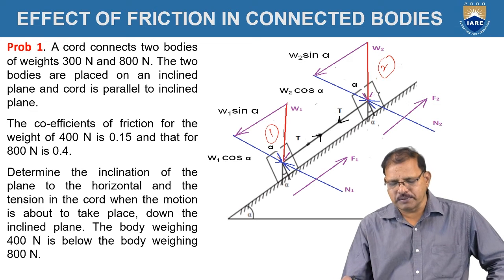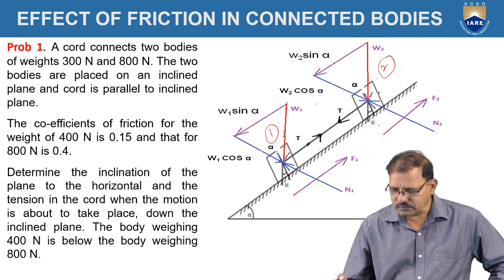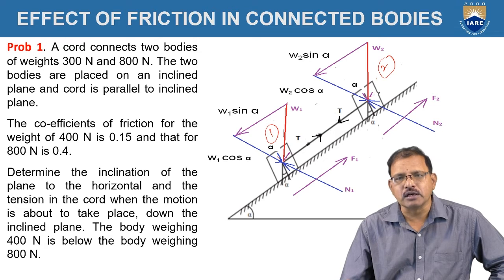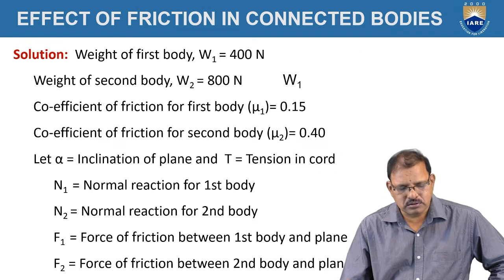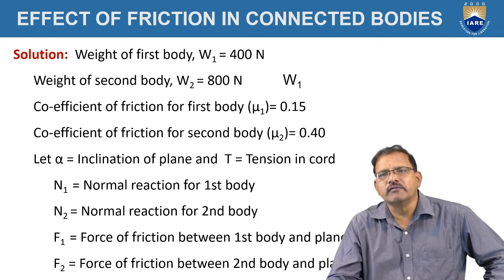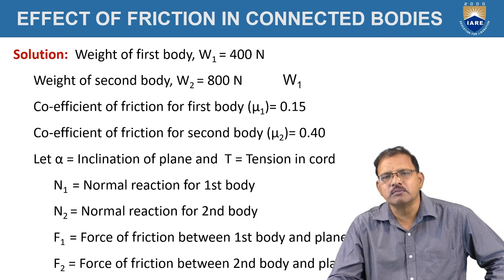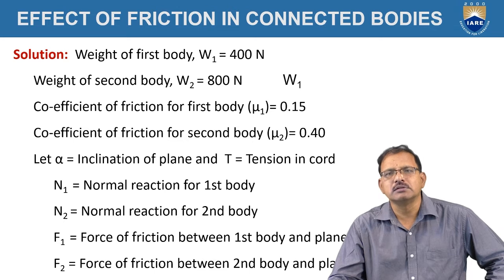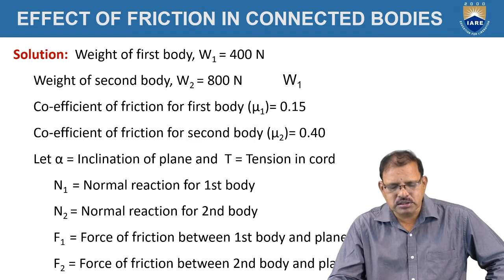Okay, now I am representing the free body diagram of the individual objects. The given data: the weight of the first body is W1, equal to 400 newtons. The weight of the second body is W2, equal to 800 newtons.